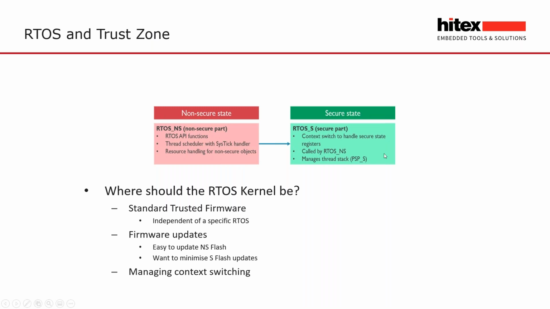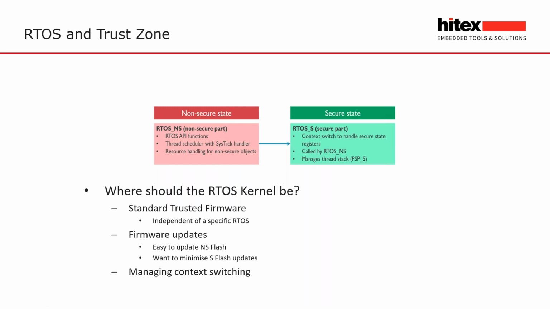First, that means that we can minimize the code size of our secure code. So we're just keeping the security and the confidential data in there to a minimum. It also means that if we have the operating system here, you can use any RTOS that you want. It just has to call the functions that are in the secure area. So we're not forcing you to use a particular RTOS.